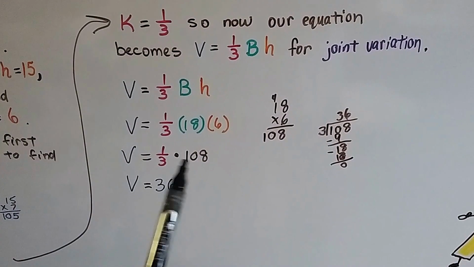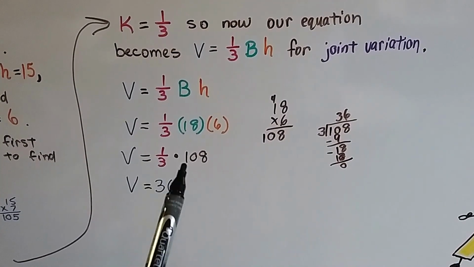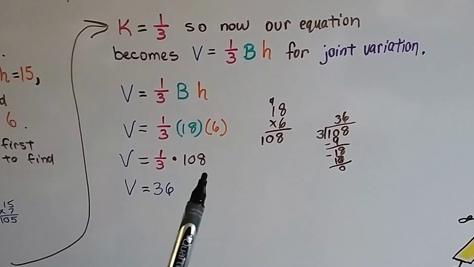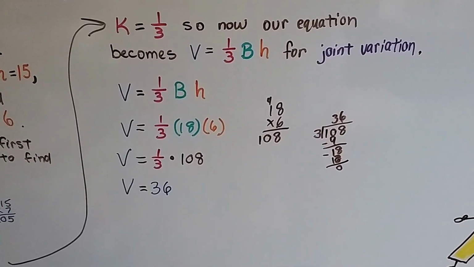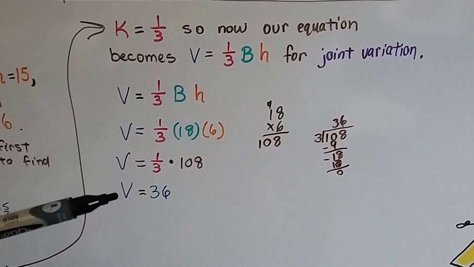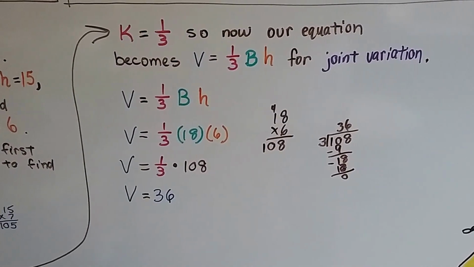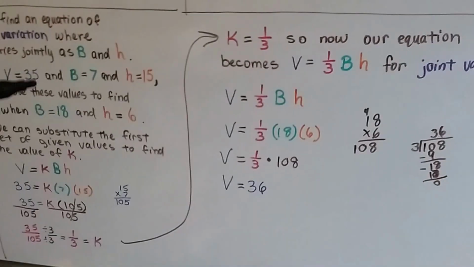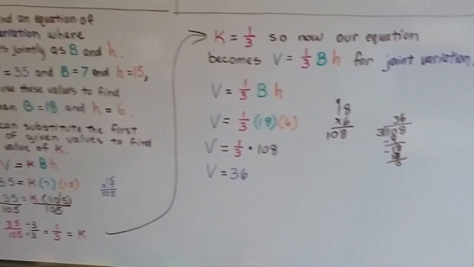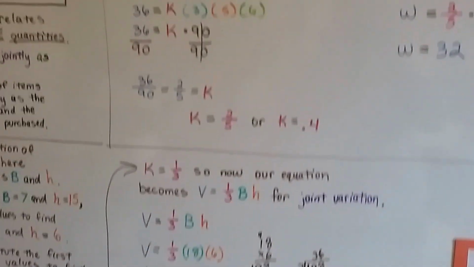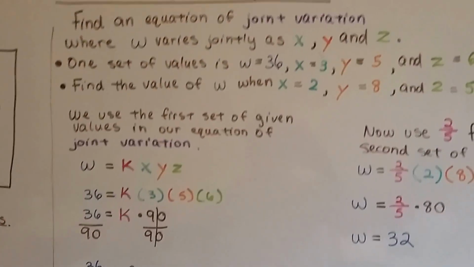Well, that's the same thing as 108 divided by 3. We'd still have to figure out how many times 3 can go into 108, right? And it goes in 36 times, so we know V equals 36. So we used the first set of values to find K, plugged that value for K into the second set, and solved it.